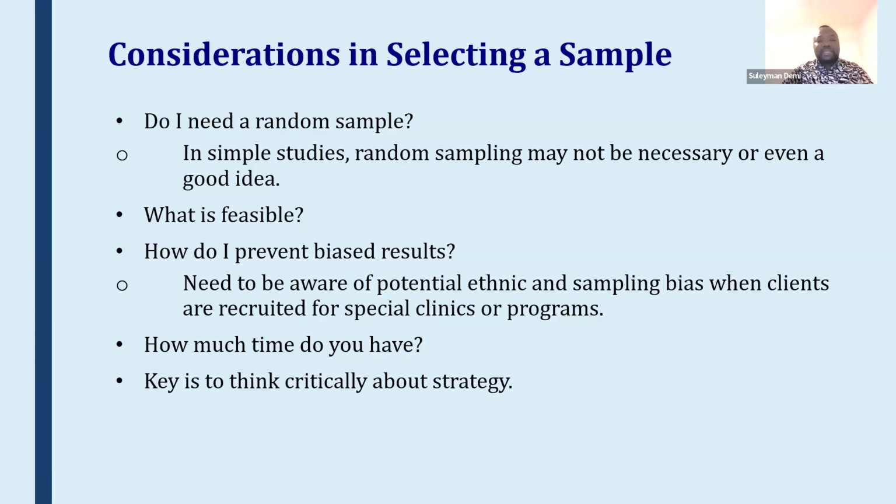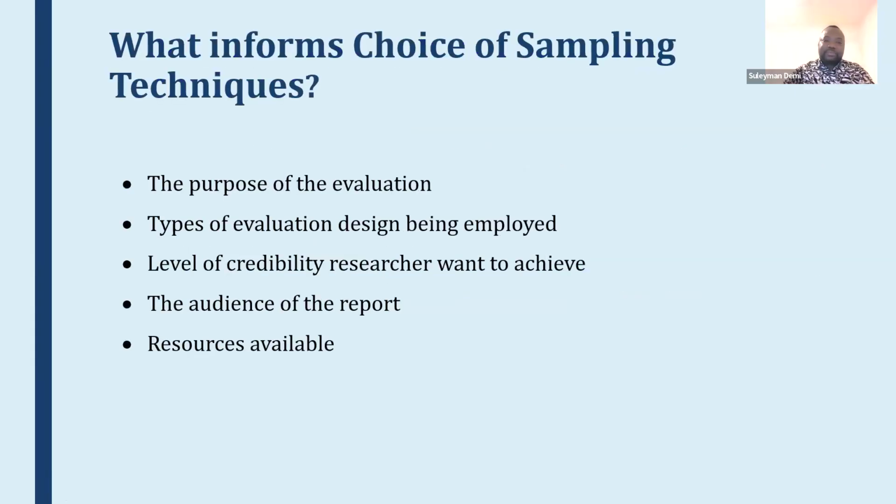So your data collection strategy is also key to guide you in that. What informs the choice of sampling? One, the purpose of the evaluation, right? The type of evaluation design being used, either qualitative or quantitative, the level of credibility the researcher wants, the audience of the report, and then the resources available, right?